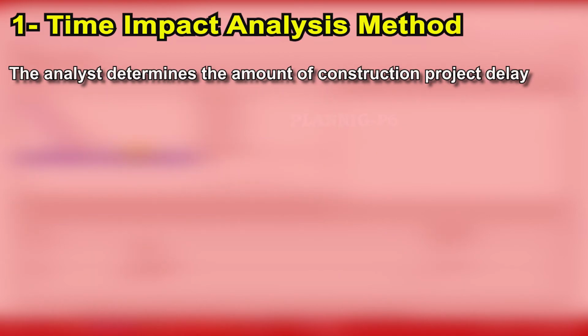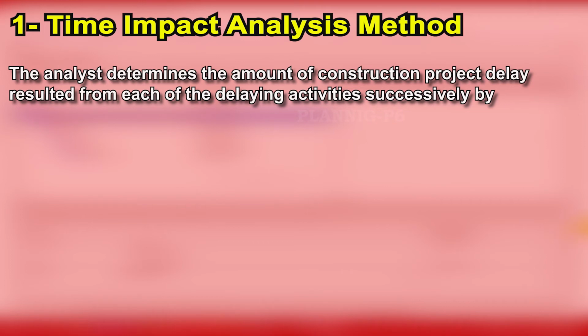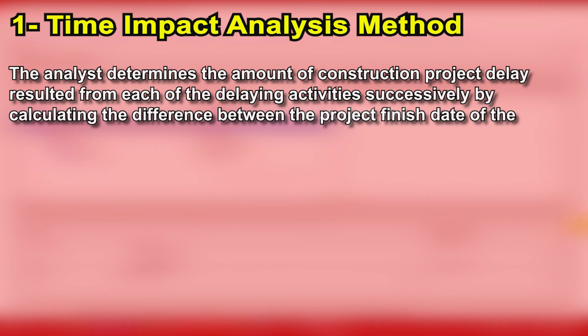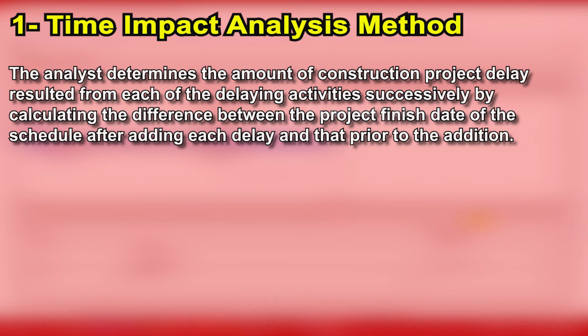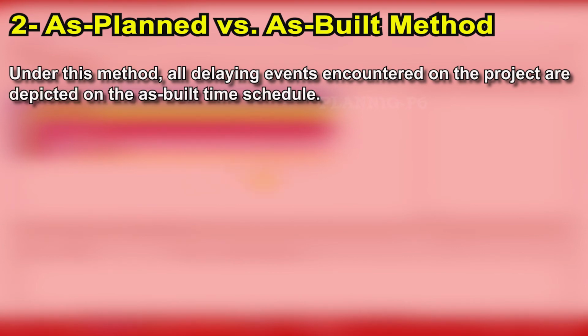Time impact analysis method. The analyst determines the amount of construction project delay resulting from each delaying activity by calculating the difference between the project finish date of the schedule after adding each delay and that before the addition. As planned versus as built method. Under this method, all delaying events encountered on the project are depicted on the as-built time schedule.